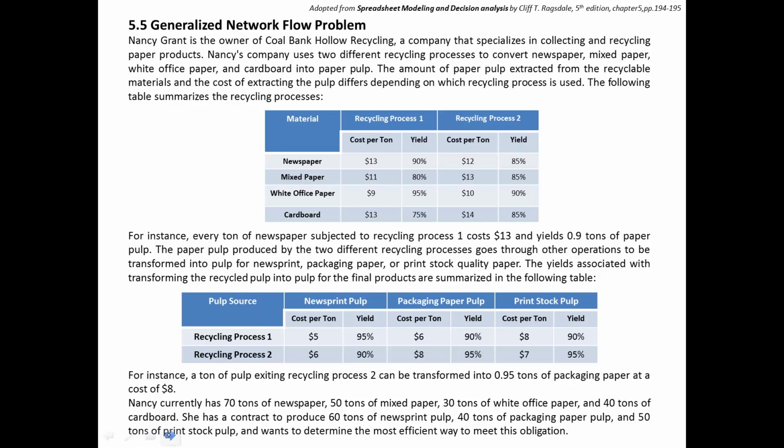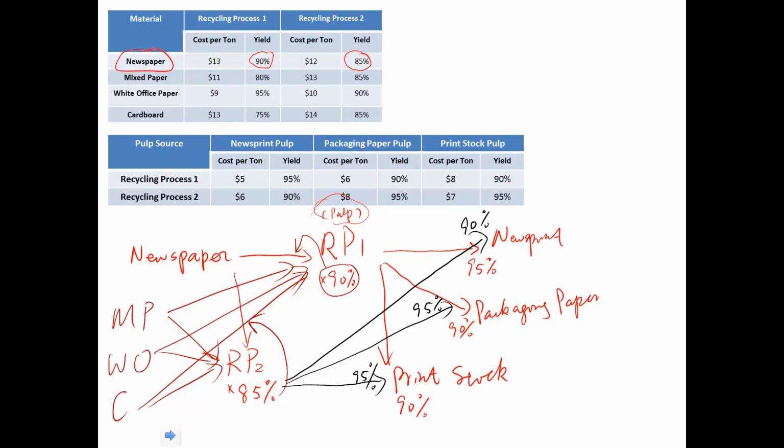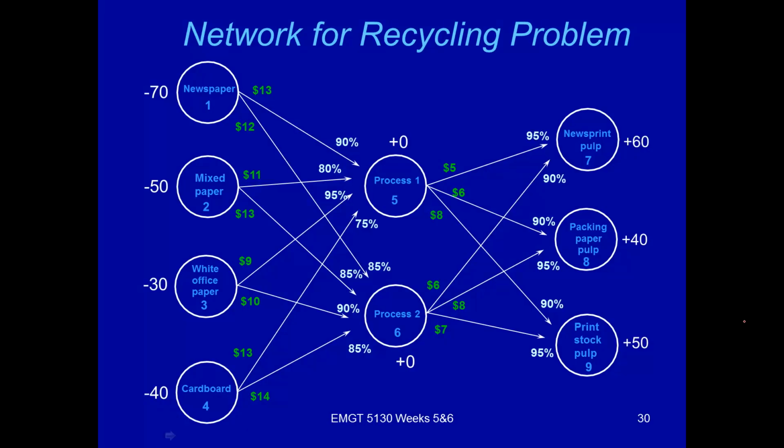These represent the demand. So we put the demand here, and the transshipment nodes both have 0 demand because we don't want any paper pulp to just stop here.